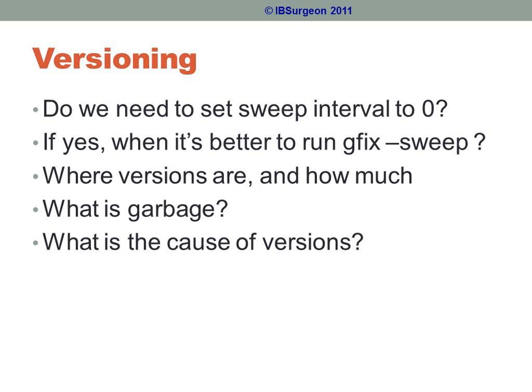But my opinion is based on experience that companies that don't set the sweep interval to 0 usually have periodical slowdowns of the system. So if you see symptoms where, for example, on Monday, Wednesday, and Thursday something is being slowed down, what happened? By the IBTM, you can see that a sweep happened.